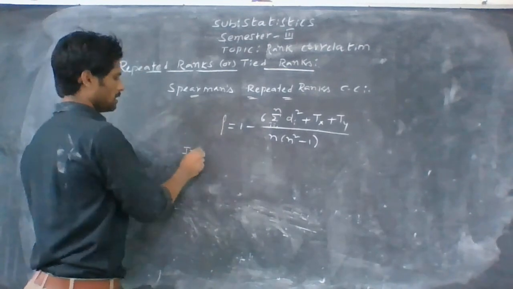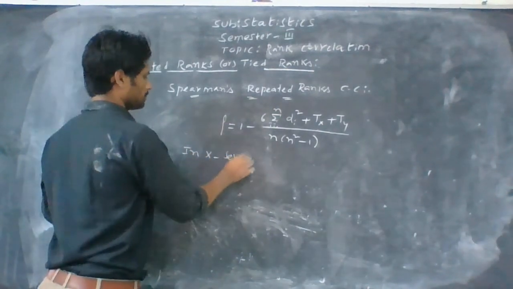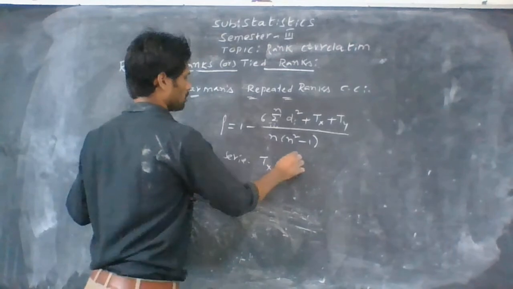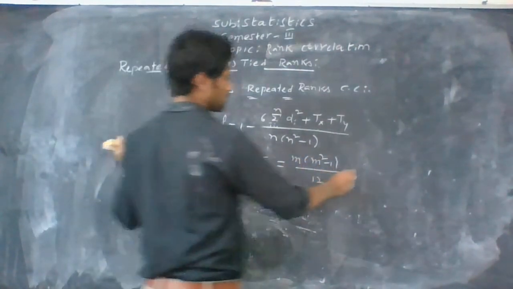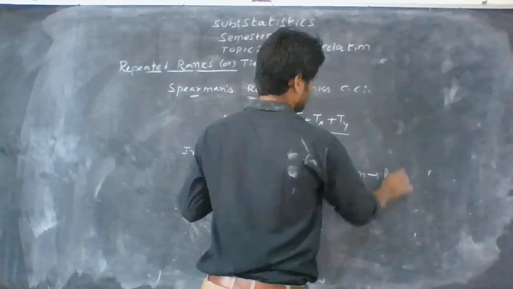Tx, in the X series, equals m into m square minus 1 by 12, where m is the repeated rank count.